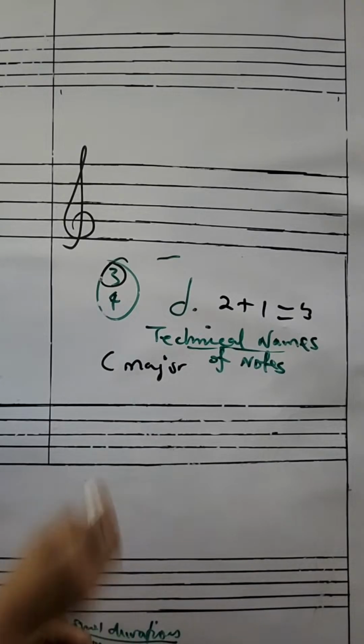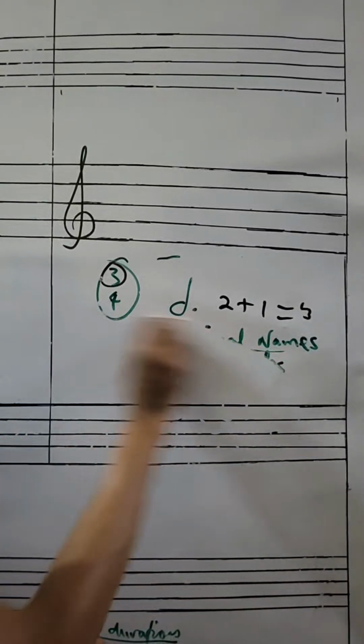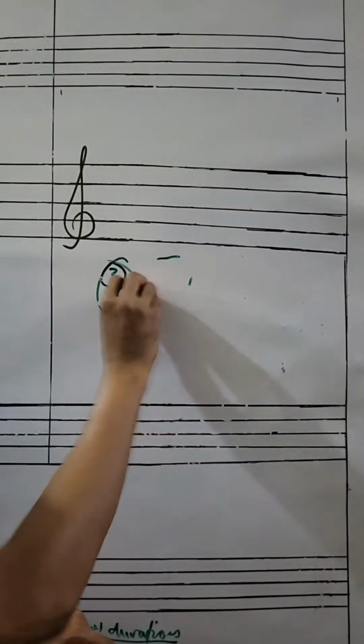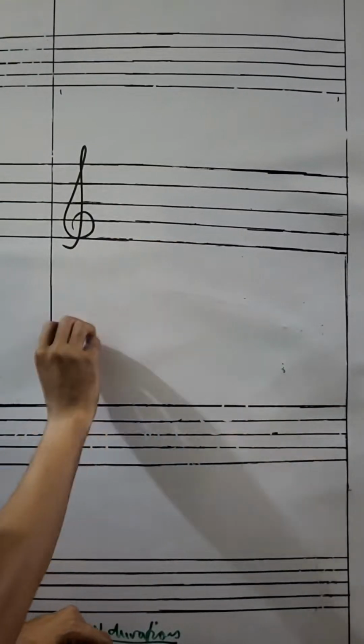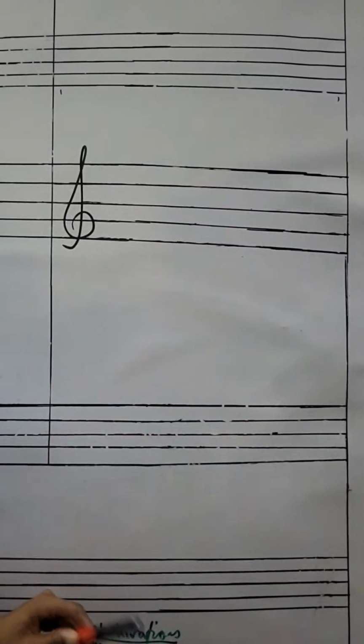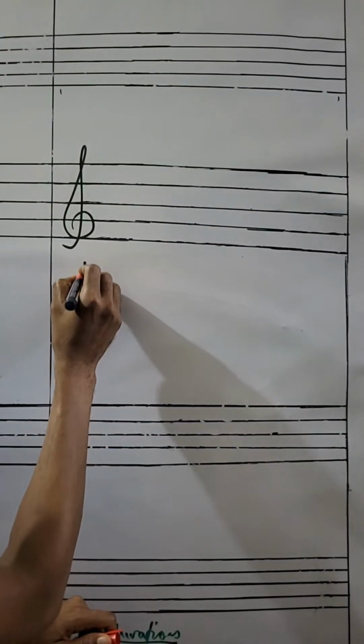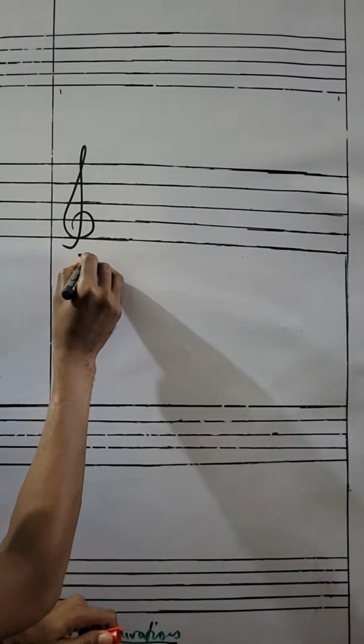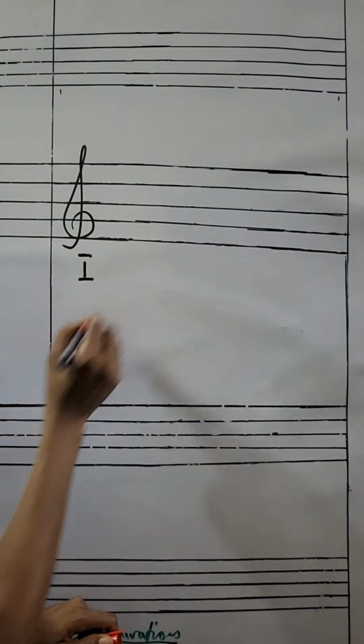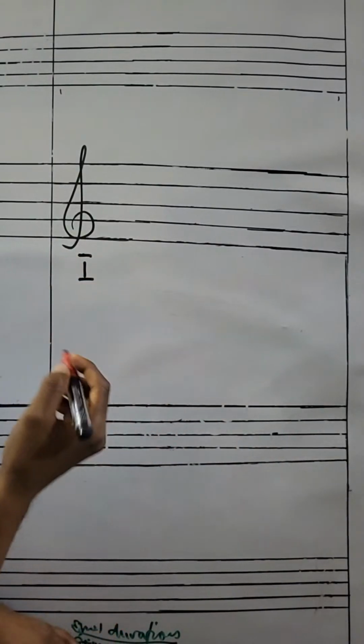So without much ado, let's quickly look at the technical names of notes again, so that I can give you some explanations there. So we said your first degree, which is your 1. So we have 7 notes, right?